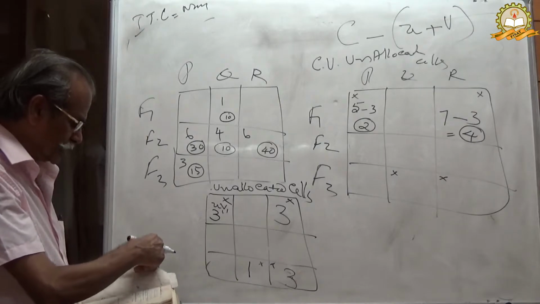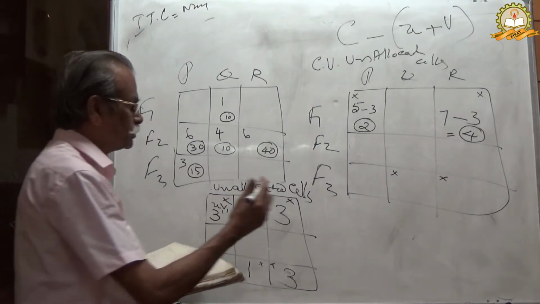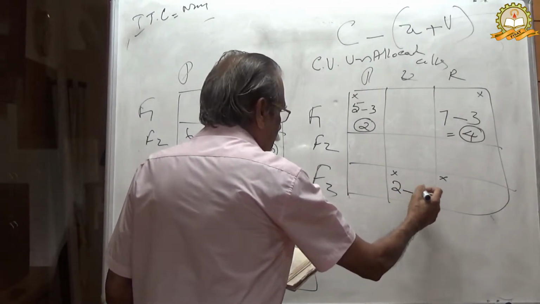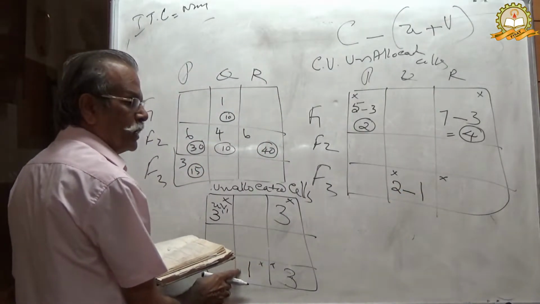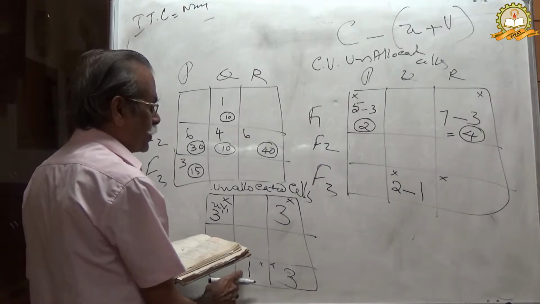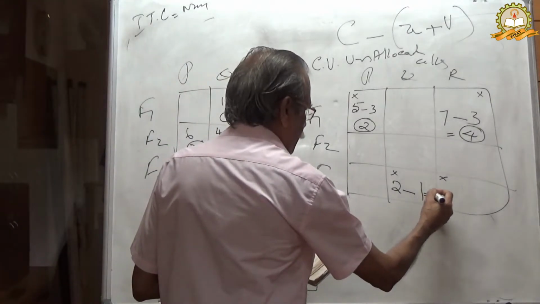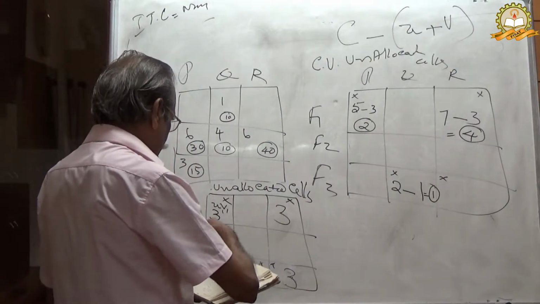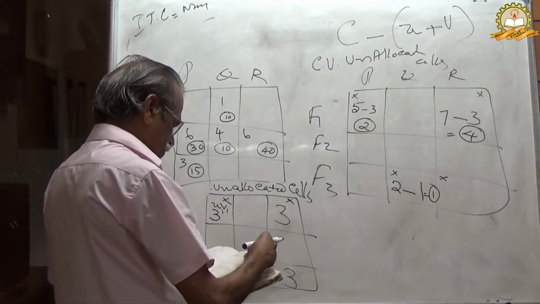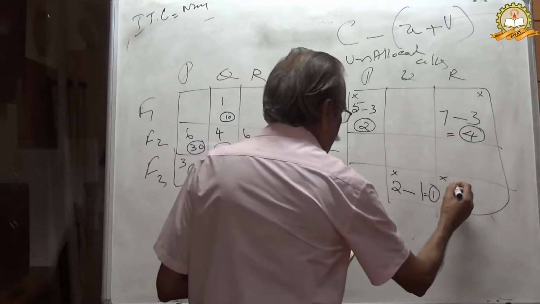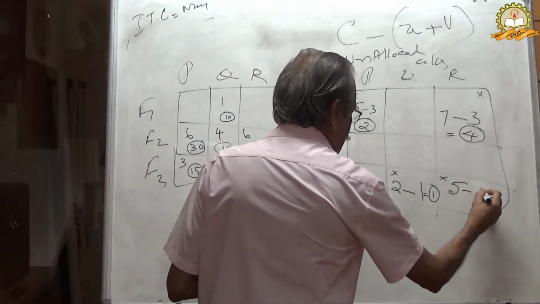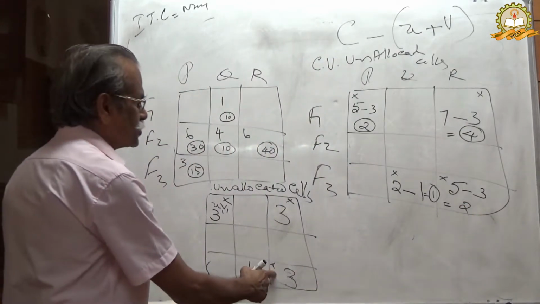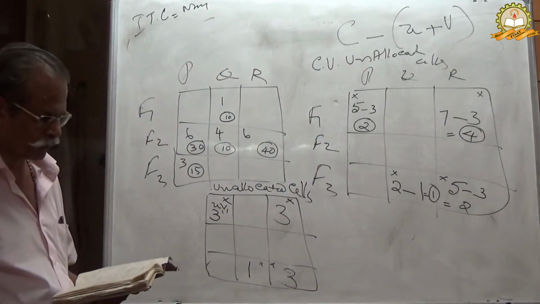Original value is 2 minus 1 obtained, therefore equal to 1. And the last one: original 5, obtained is 3, therefore equal to 2.